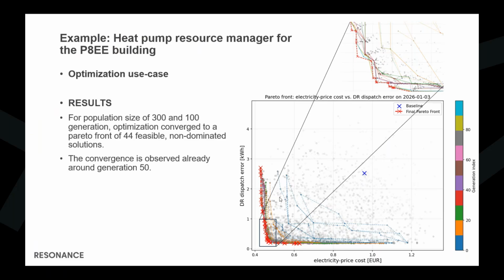So we can see that the Pareto frontline efficiently manages to minimize the objectives relative to the baseline consumption. But now, given that we have 44 feasible solutions, the question arises: what kind of solution can we pick from this Pareto front? And we discuss that in the next slide.